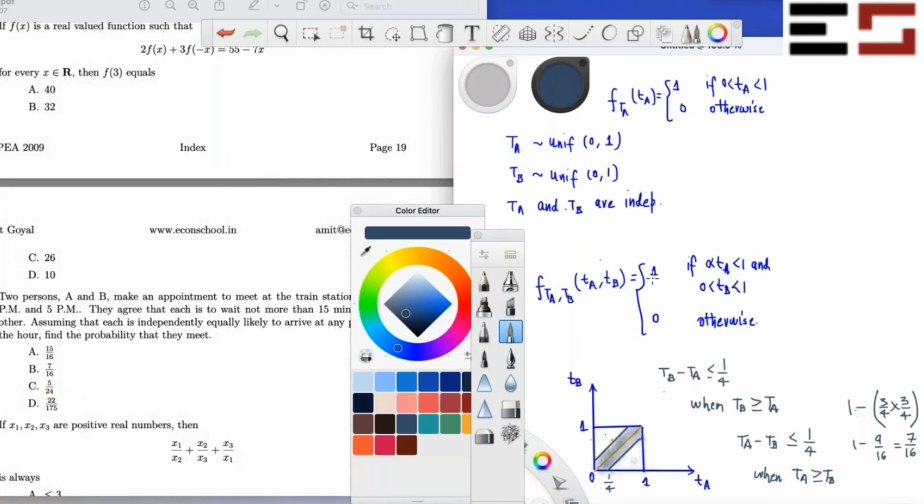Now just be careful about this. I did this because you're just integrating 1 over a particular region, and integrating 1 over a particular region will give you the area. It's actually straightforward. But if you integrate something else, let's say TA, or TA into TB, or TA plus TB, then don't do this. Don't just find the area and do this.